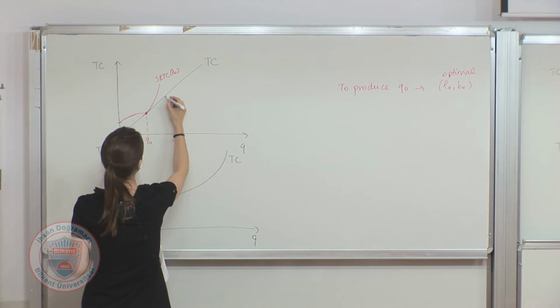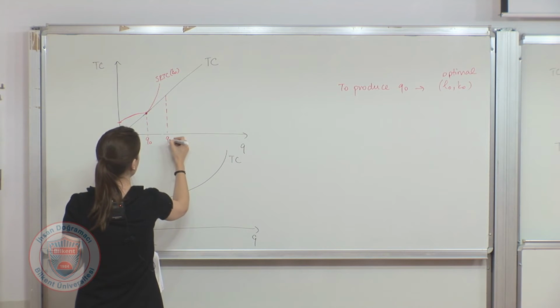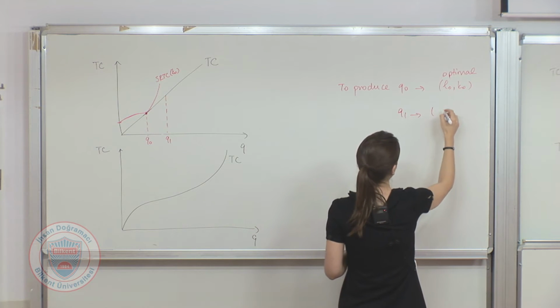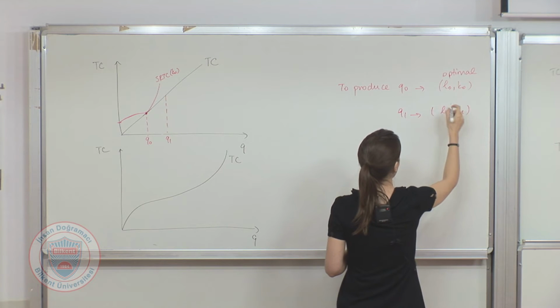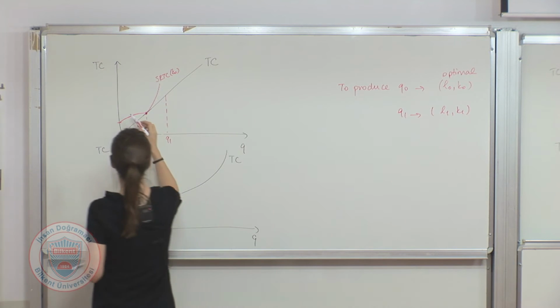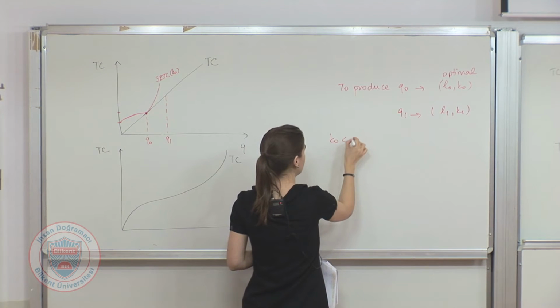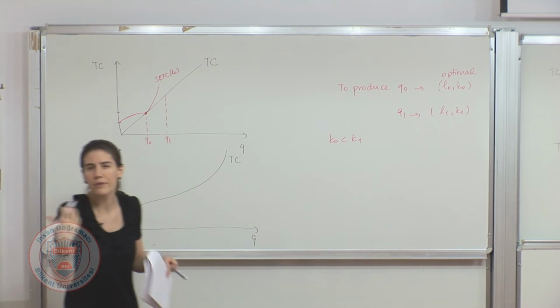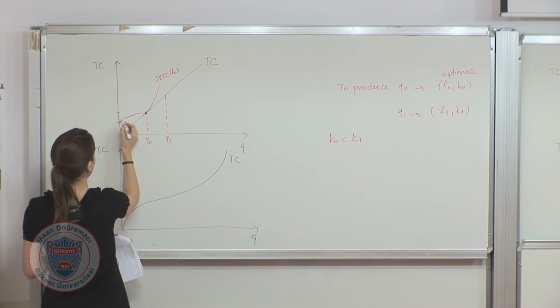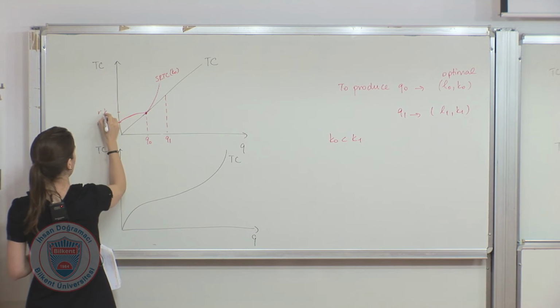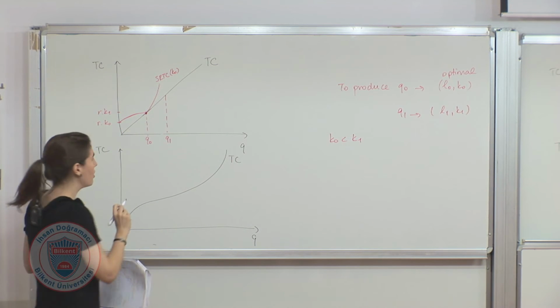Suppose, for instance, you would like to produce Q1 units, and in order to produce Q1 units, the optimal amount is L1, K1. Then you have a short run, and suppose K0 is less than K1. Of course, your fixed cost would be higher. So you can put here R times K0, R times K1. These are the fixed costs.